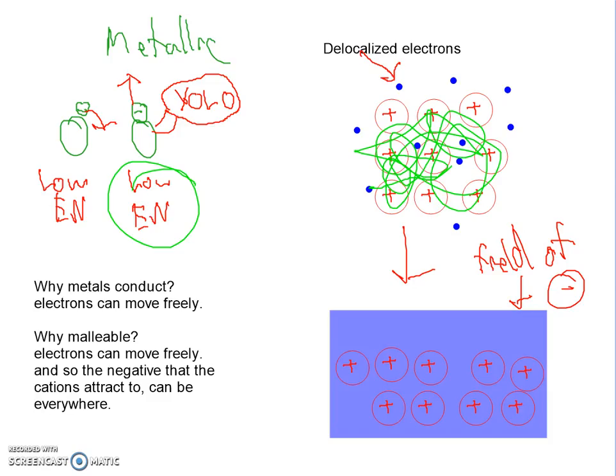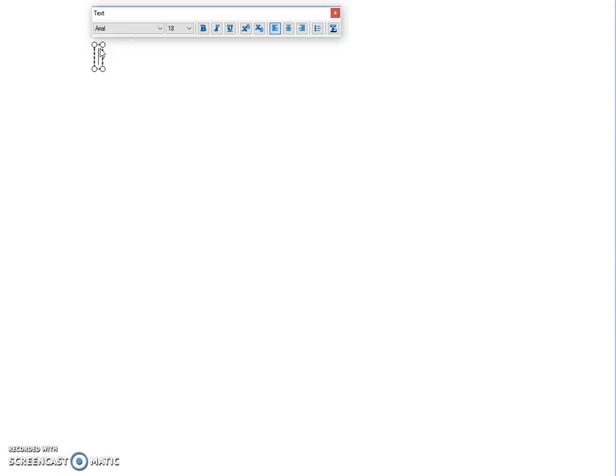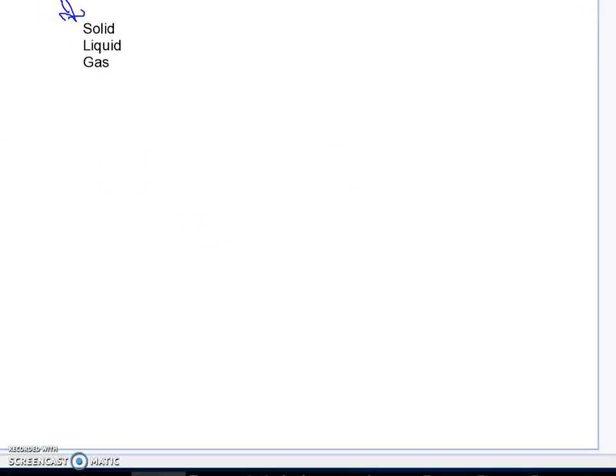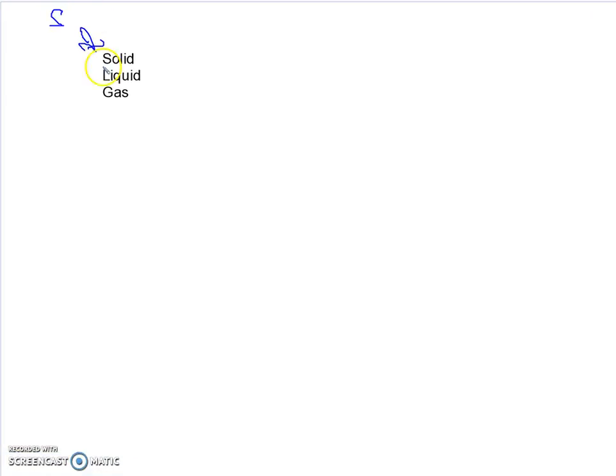Alright, and now let's talk about the phases. So there's 3 phases, right? Solid, liquid, or gas. And in terms of strength, solid is the strongest.